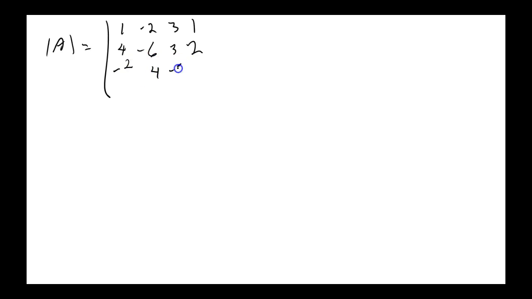And here was A. And we're trying to get the determinant of A, so I'll go on and write it that way. And that's the determinant of 1, negative 2, 3, 1. 4, negative 6, 3, 2. Negative 2, 4, negative 9, negative 3.